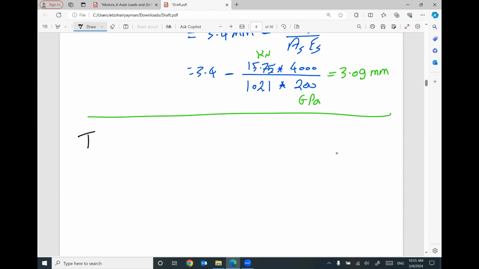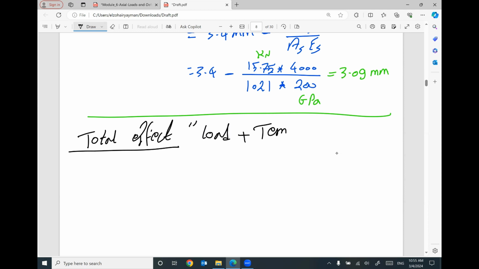What is the total effect? Load plus temperature. Sigma steel, sigma concrete.